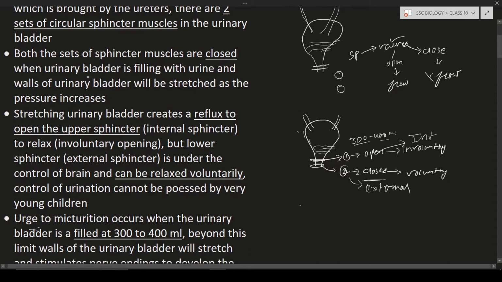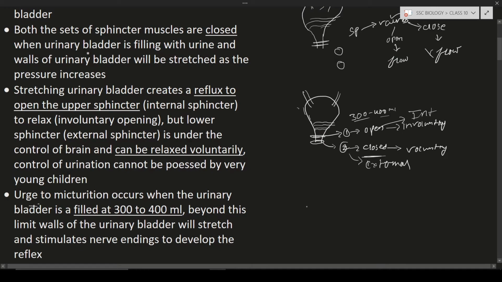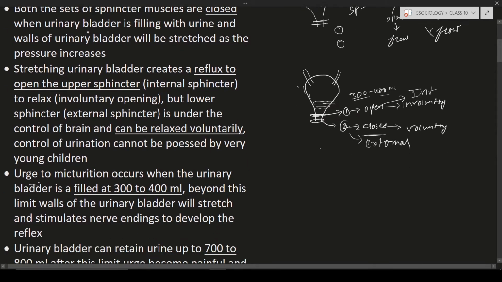In very young children, about 1 to 2 years or below, the first and second sphincters are not under their control. Both sphincters are involuntary. As a result, they will urinate whenever the urinary bladder is filled.